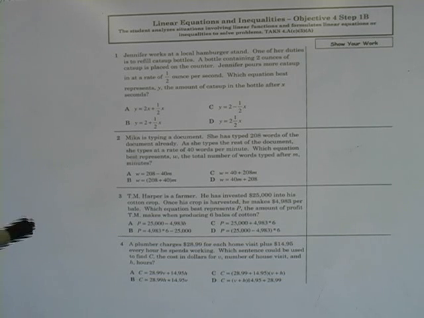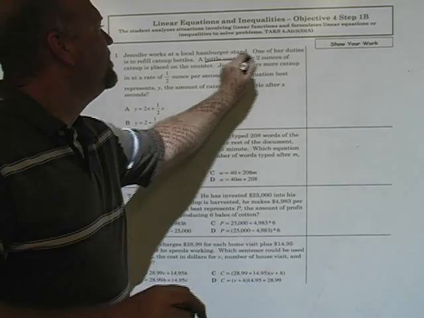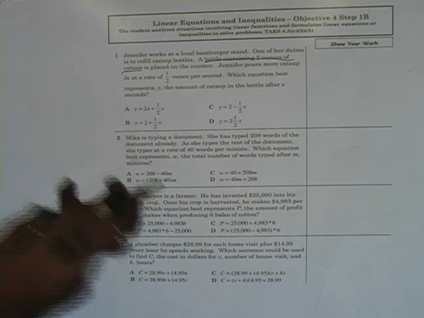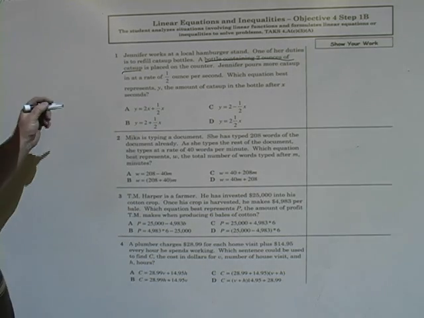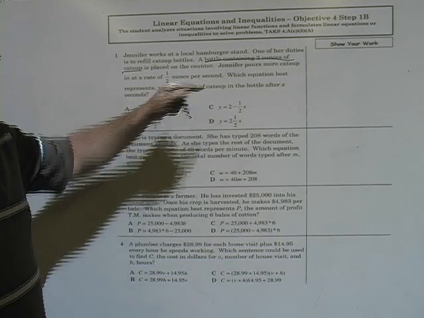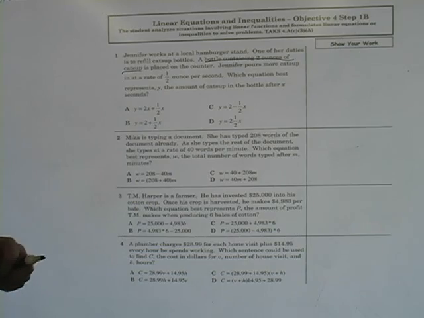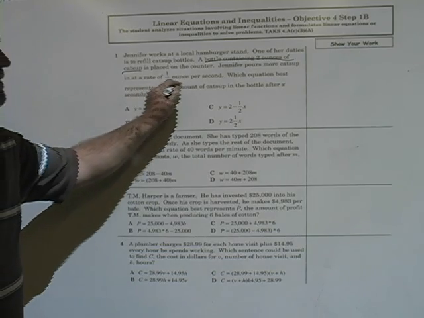So on a question like this, you need to think about what's going on. Try to picture this in your mind, what's happening. She puts this bottle on the counter that has 2 ounces of ketchup in it. So it starts out with 2 ounces. And then every second, she's going to add an additional 1/2 ounce per second.